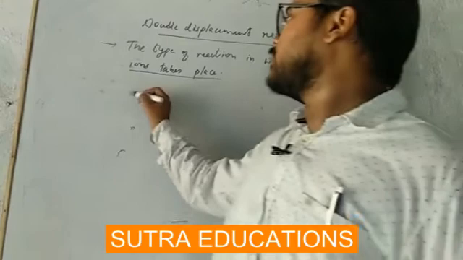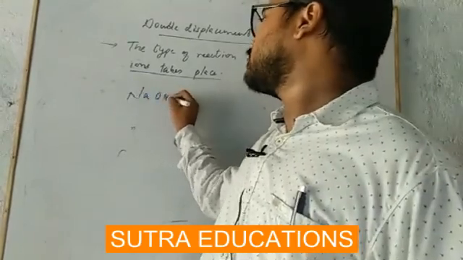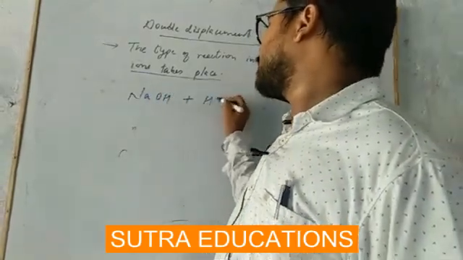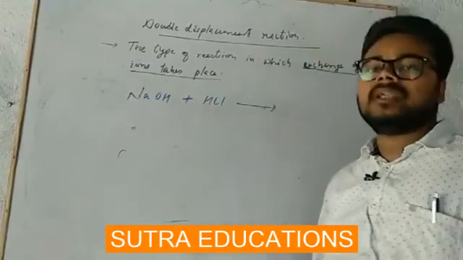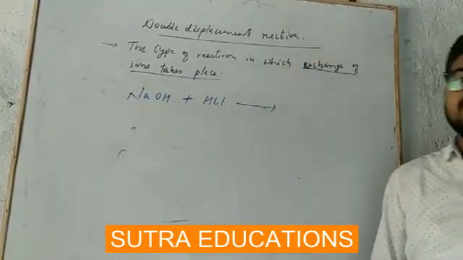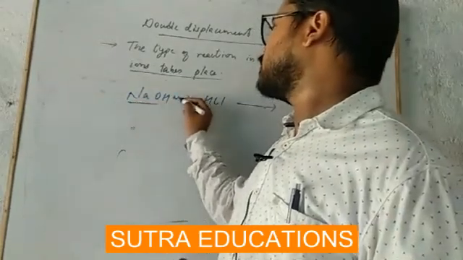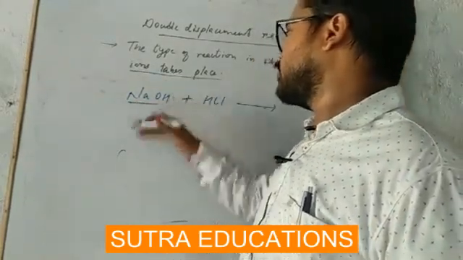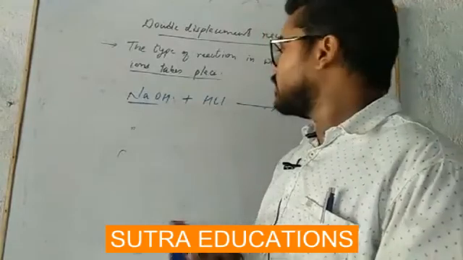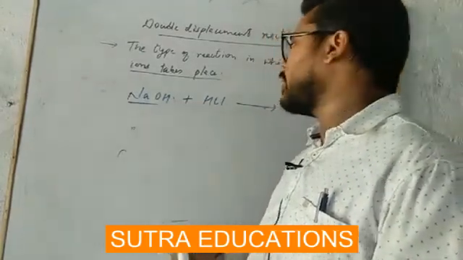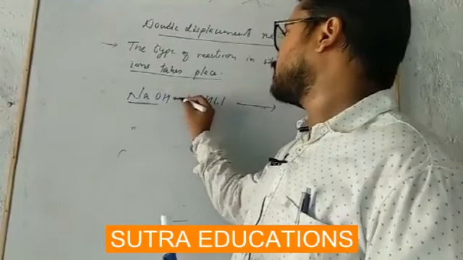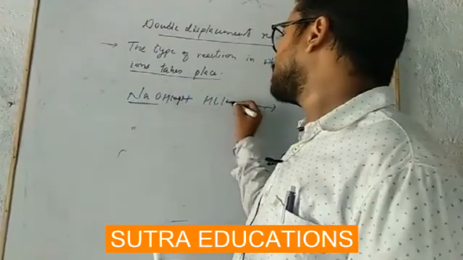Take one example, NaOH plus HCl. This is aqueous. Here NaOH and HCl are both aqueous solutions. You have to remember this, aqueous.